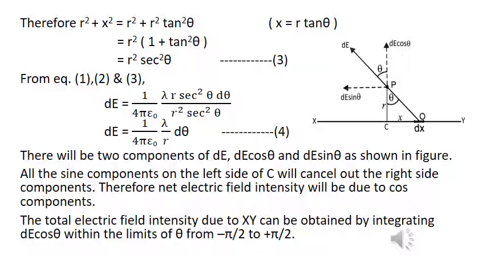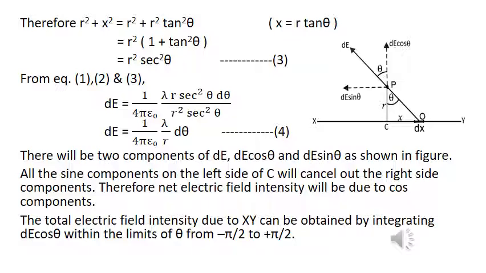Since there will be two components of dE, cos component and sine component, all the sine components on the left side of C will cancel out the sine components on the right side of C. Therefore, the component of dE which will be left and give the net electric field intensity at P is dE cos theta.